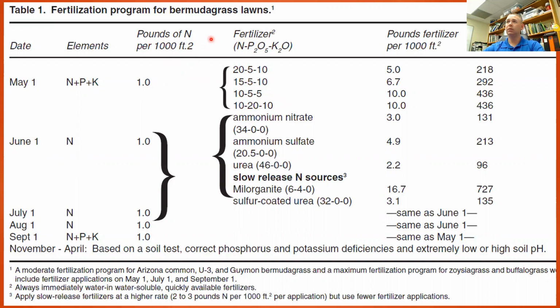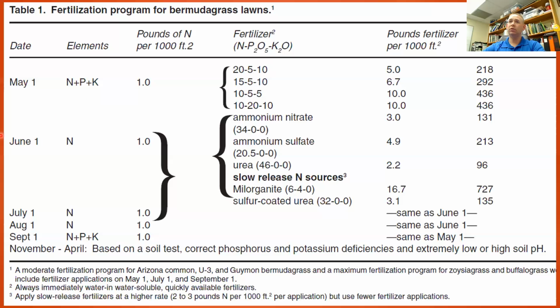I've always been a proponent and kind of taught that you need to apply a fertilizer in a 3-1-2 ratio for warm season grasses. That's a 3, a 1, and a 2. So this 15-5-10. I try to find a 15-5-10 if I could to apply to my warm season yard. Pounds of fertilizer per 1,000 square feet, of course, 10 pounds of fertilizer to the acre if you've got a really big yard.